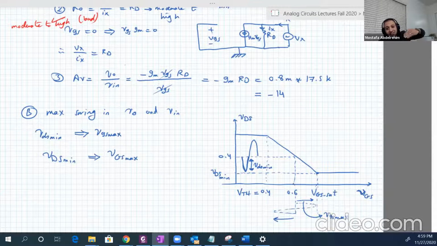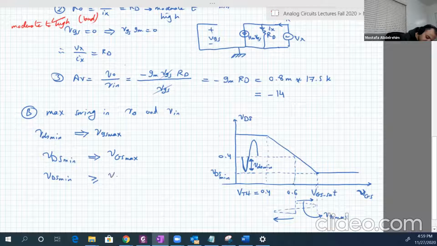And we know we shouldn't leave the saturation region. So VDS minimum must be larger than or equal to VGS minus V threshold. But what is VDS minimum? It is something in DC plus something in AC.